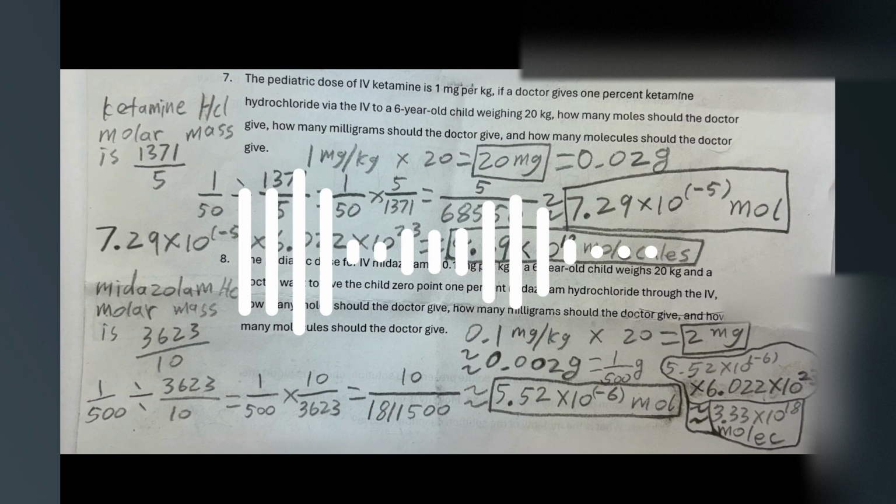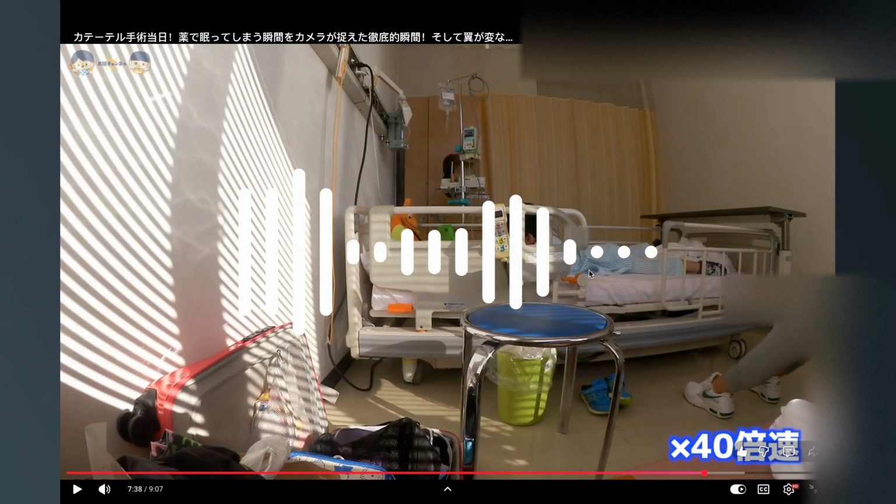And we have a 10 to the power of 23 and a 10 to the power of negative 5 here. 23 minus 5 is equal to 18. So it's 43.9 times 10 to the power of 18. But in scientific notation, we write it as 4.39 times 10 to the power of 19, which is the same thing. So they're giving this many ketamine molecules to this child.